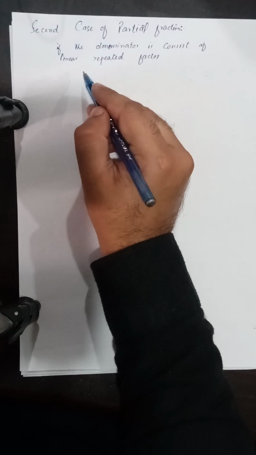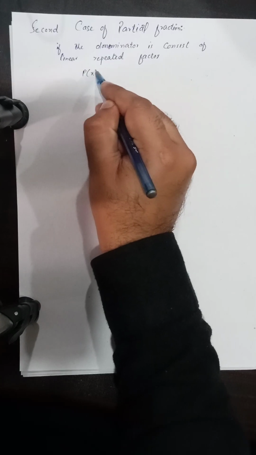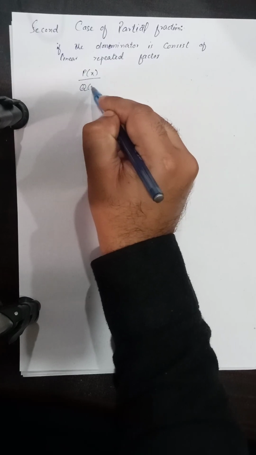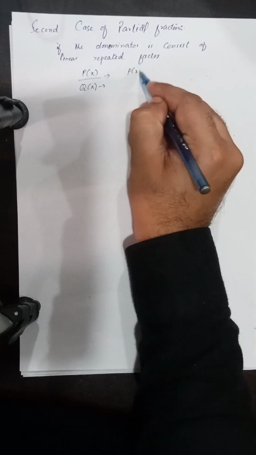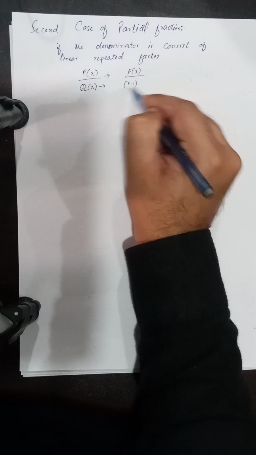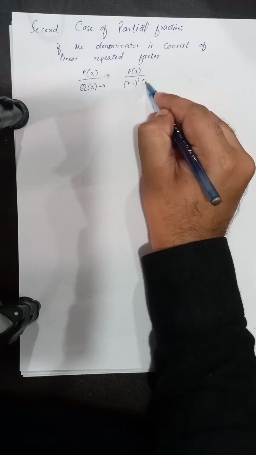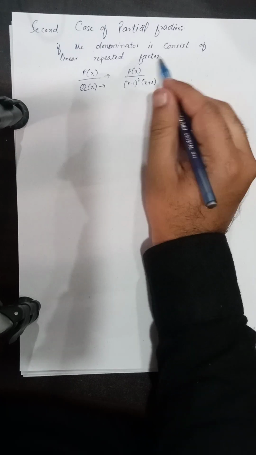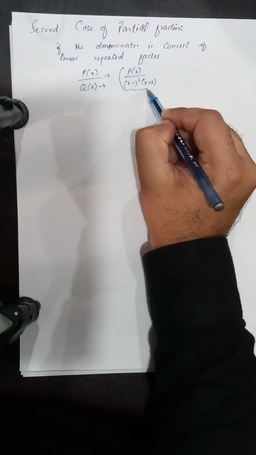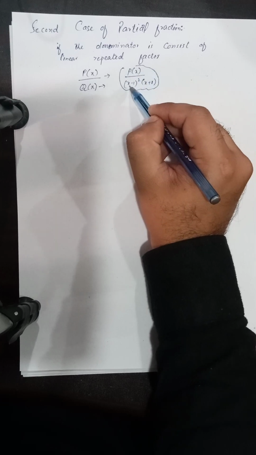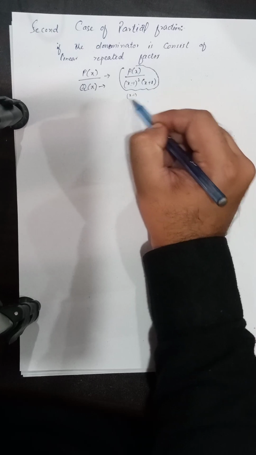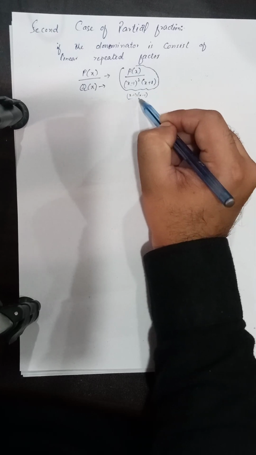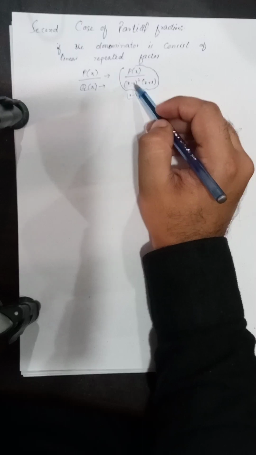For example, p of x divided by q of x, and the q of x is repeated. For example, p of x divided by (x minus 1) whole square into (x plus 1). In this case, x minus 1 is equal to (x minus 1) into (x minus 1), so x minus 1 is repeated in the denominator.